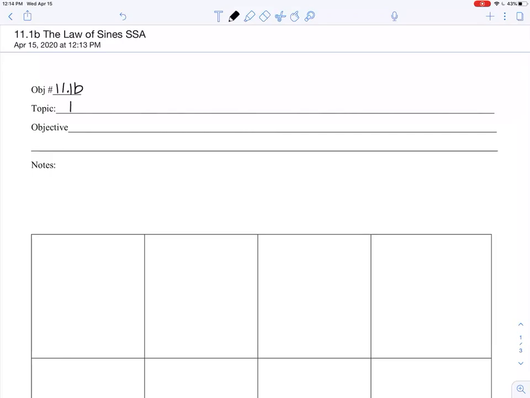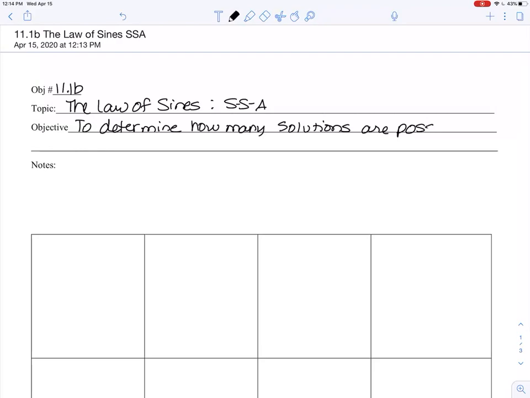The topic is the law of sines when we're given side angle, and our objective is to determine how many solutions are possible, and the other one would be to solve, so that would be objective 1, 2, to solve triangles when given side angle.